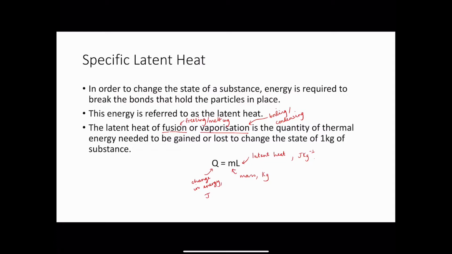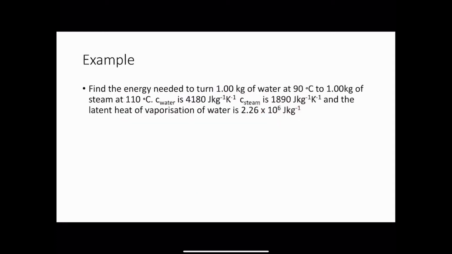So let's have a look at our final example. Find the energy needed to turn 1 kilogram of water at 90 degrees C to 1 kilogram of steam at 110 degrees C. The specific latent heat of water is 4,180 joules.